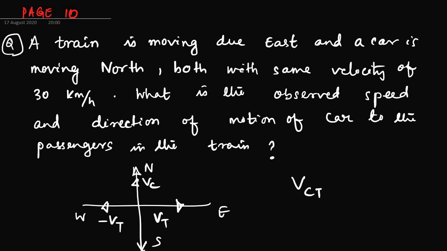You must add another velocity in the negative direction, that is minus Vt. Then this would be the parallelogram you want, and in this parallelogram the diagonal would be the resultant velocity of the car with respect to the train. So I hope that will help your problem. This would be the angle beta we need to find.